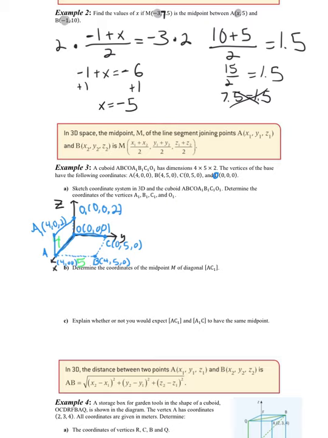And the reason I know it's moving up 2 units, again, is because the dimensions we're given are 4 by 5 by 2. And we already know the width is 4 here, and the length is 5. So that means the height has to be the 2 to represent that volume accurately.